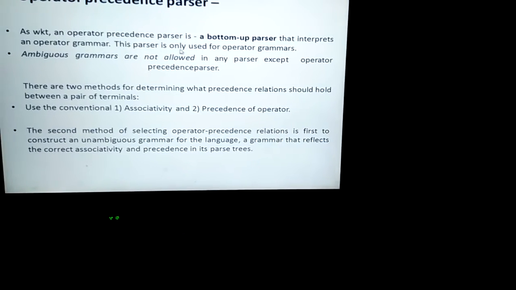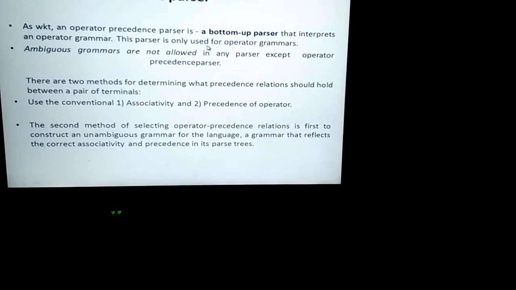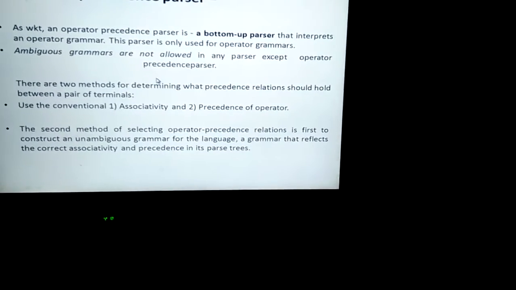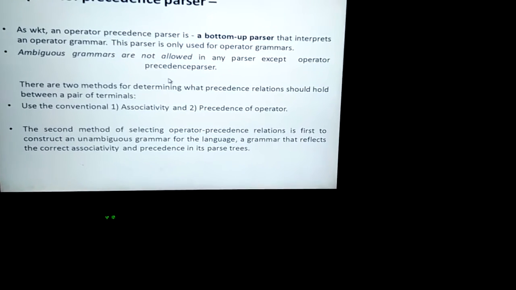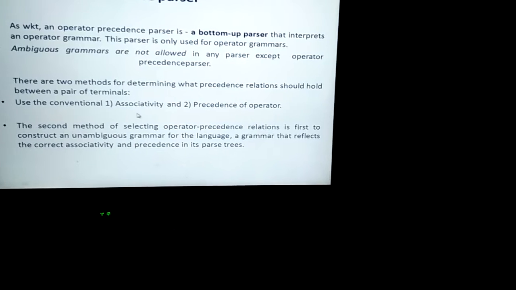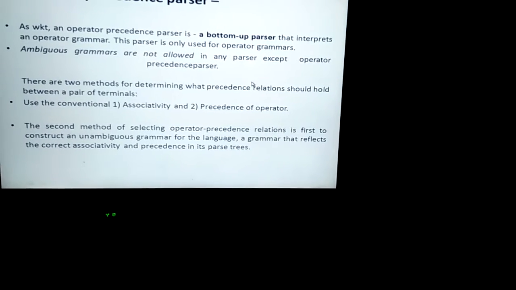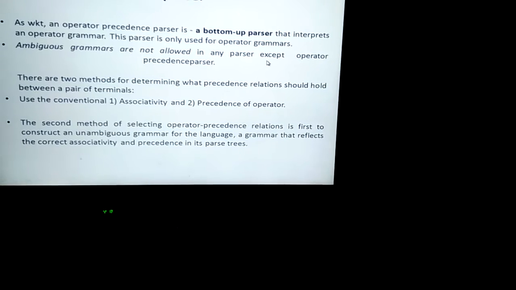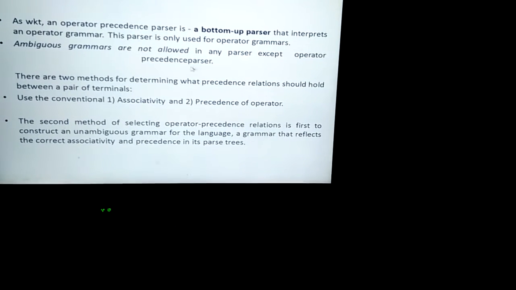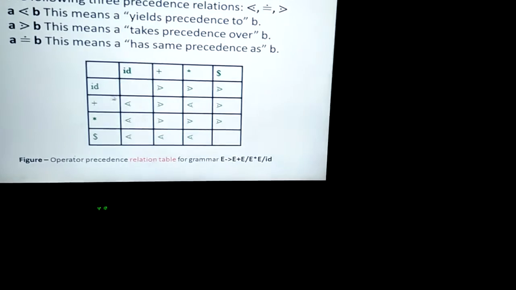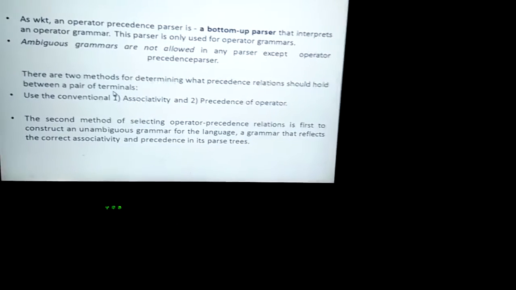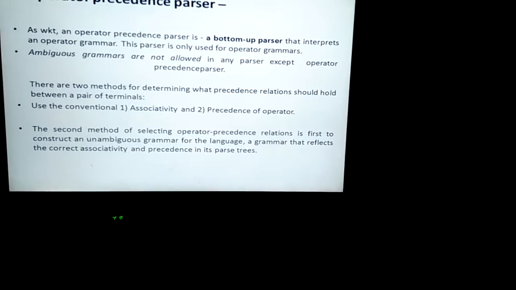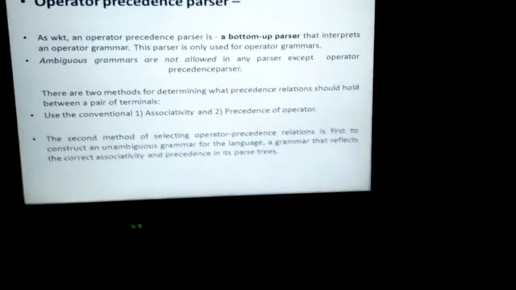This parser is only used for operator grammar, and only in this concept, that is operator precedence, can a grammar be an ambiguous grammar. Ambiguous grammars are not allowed in any of the parsers except the operator precedence parser. There are two methods for solving the operator precedence grammar or parser.